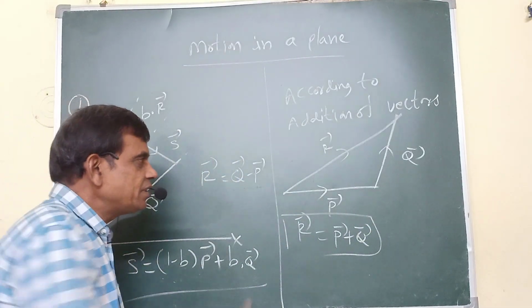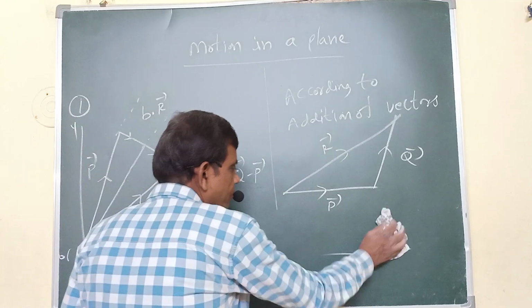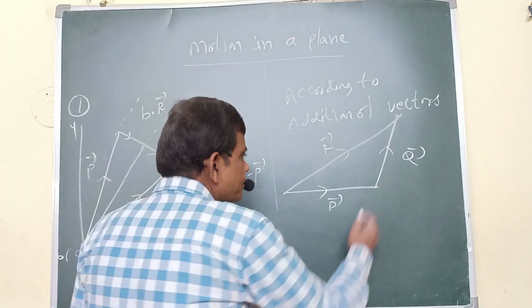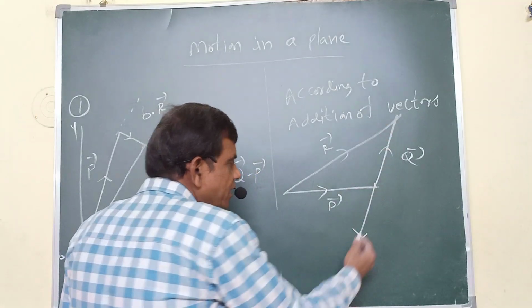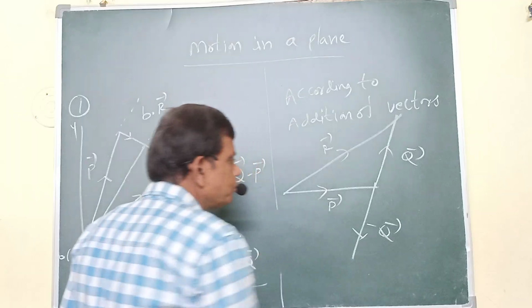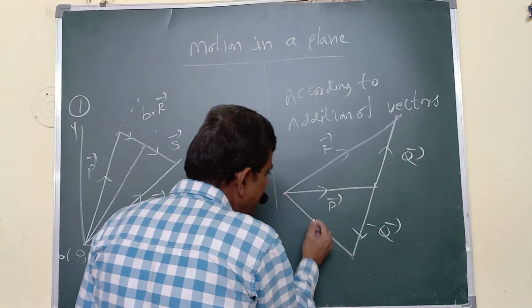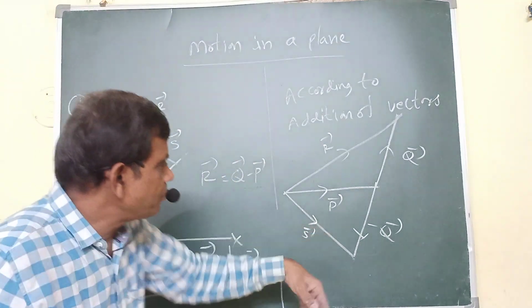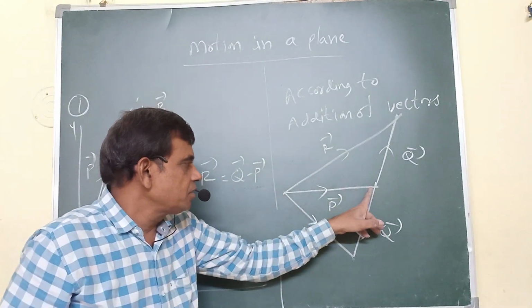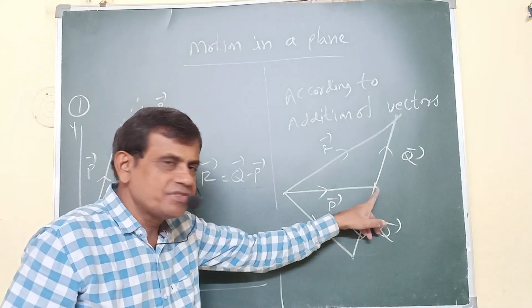Otherwise, for example, it is reversed. This Q is reversed. Reverse means opposite direction. So what I am writing? Minus Q. At that time we don't take R vector, this is another vector, that I am taking as S vector. Here also same happens. First vector terminal point, second vector initial point, coinciding.